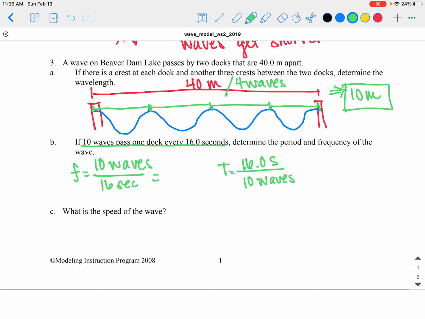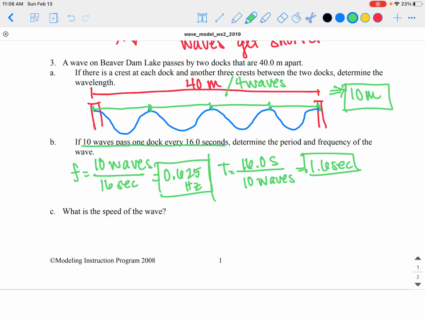The frequency is 0.625 hertz, and the period is 1.6 seconds. So these are the two answers.